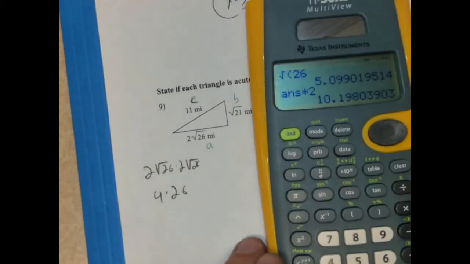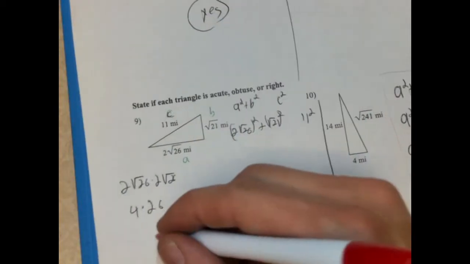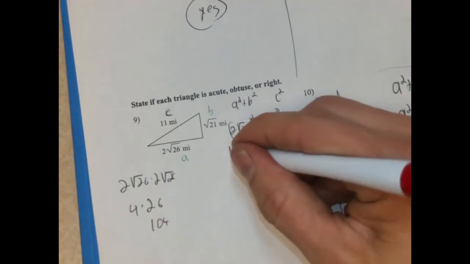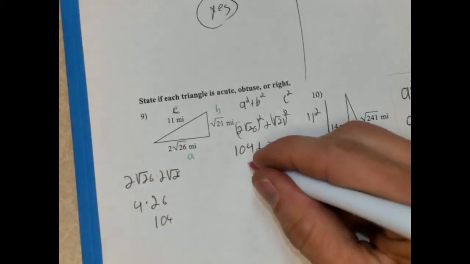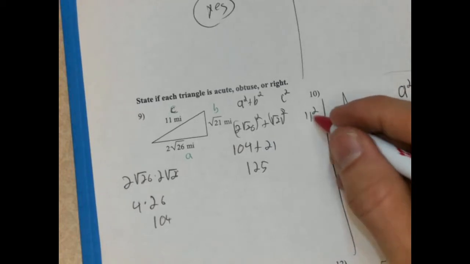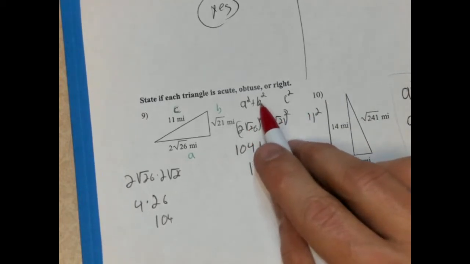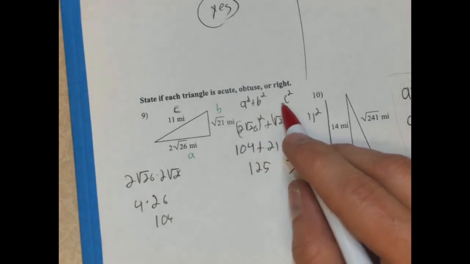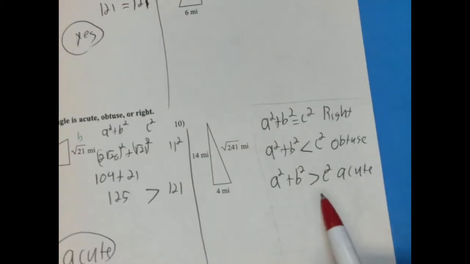No, what is that? 26 times 4. 104, okay. So 104 plus 21, so this is 125. And then this is going to be 121. Okay, so A and B squared is larger than the C squared. So that means this is going to be an acute triangle. Right here, this is larger than that, so acute.